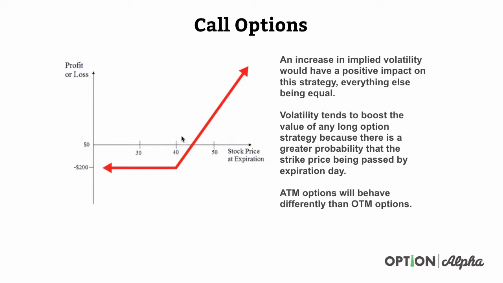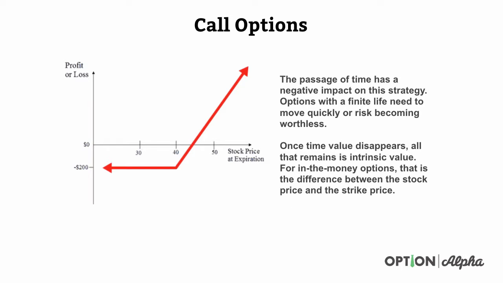But if the stock is trading right now at $40 a share and the market's not volatile, meaning that the stock really doesn't move more than a couple pennies per day, maybe down a couple pennies, up a couple pennies, then the value of this options contract is going to go down because there's not a good chance that the stock is going to swing into a potential profit zone. Okay, so that's the impact of volatility.